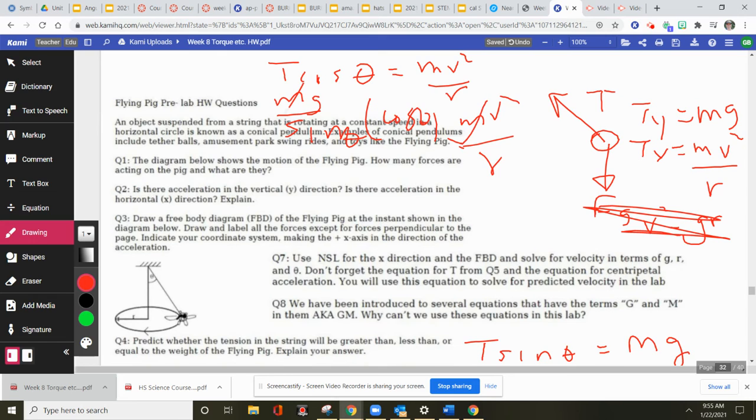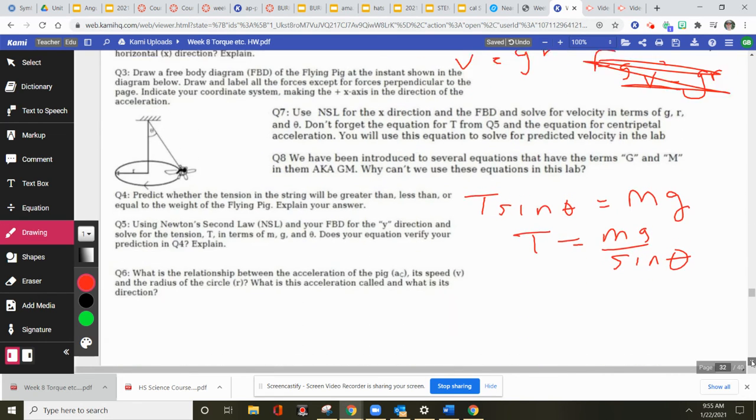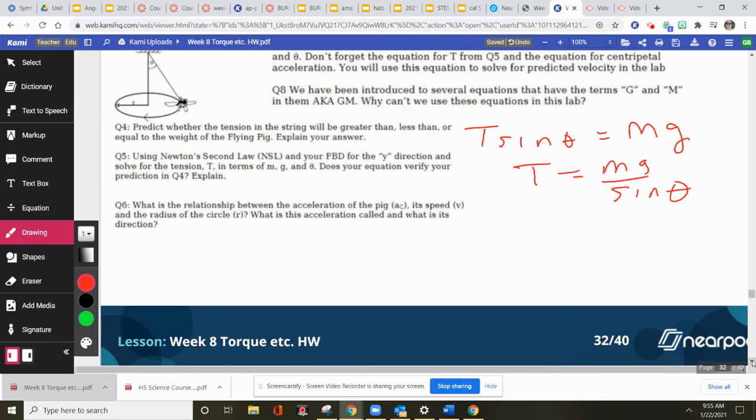So the m's cancel, and v squared is equal to gr, but it's a component, it's the cosine over the sine, which I think is, sine over cosine I know is tangent. I'm not sure what cosine over sine is. I'm not even sure I did it right. I'd love it if you straighten me out. It'd be a good time to talk.